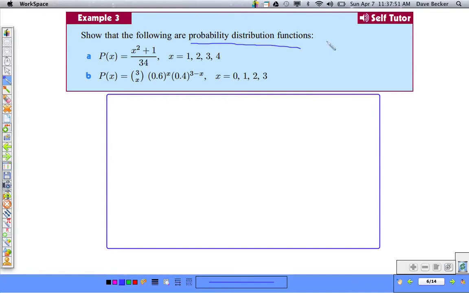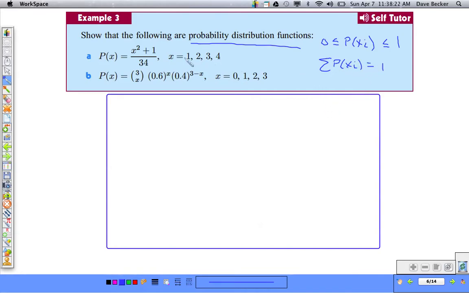The first criterion is that 0 is less than or equal to p of x sub i is less than or equal to 1. In other words, the probability of each one of these must be between 0 and 1 inclusive. It could be 0, or it could be 1, and anything in between. The second criterion is that the sum of each of those probabilities must equal 1. That's all we have to show.